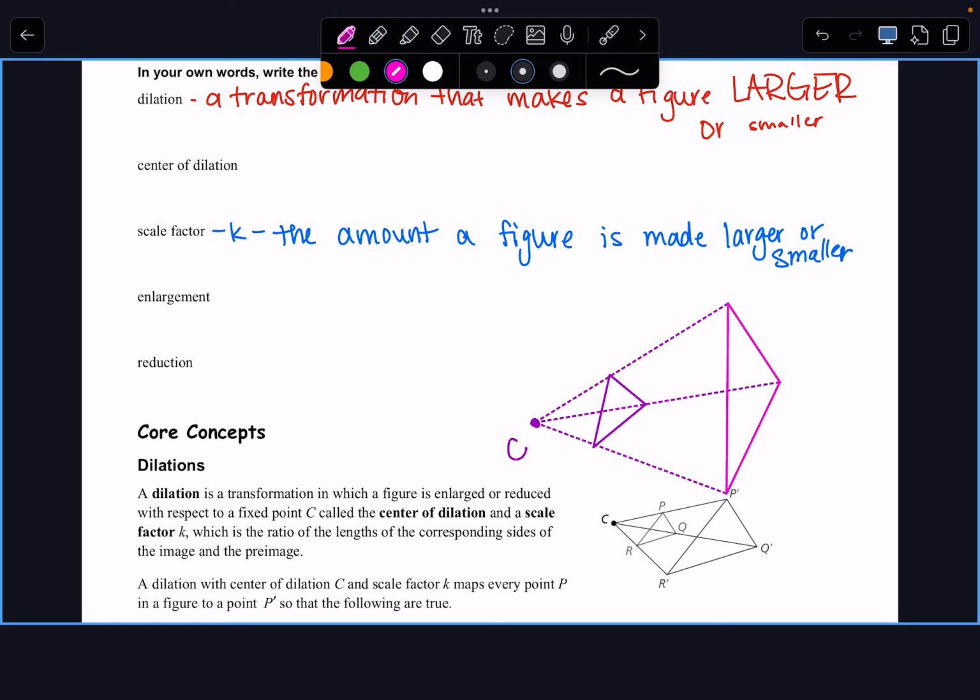Like, if this right here is my pre-image, and this is my image, let's say that this distance right here is 4 and this distance right here is 20.